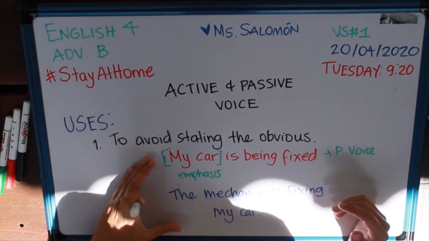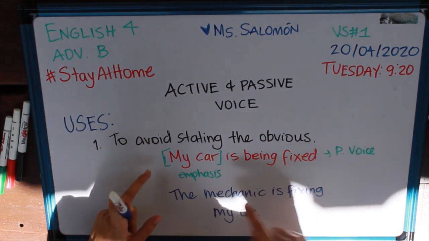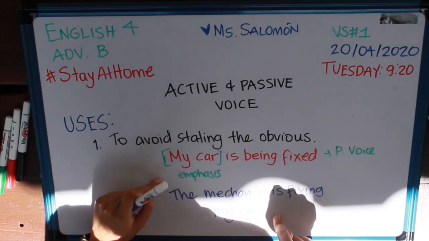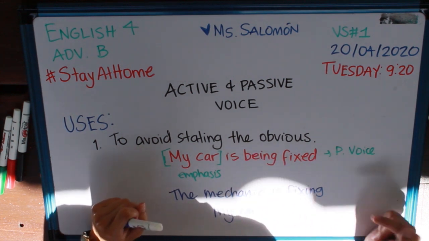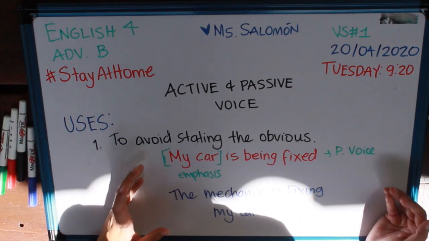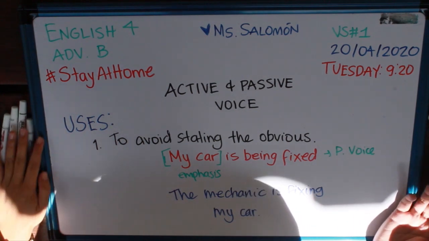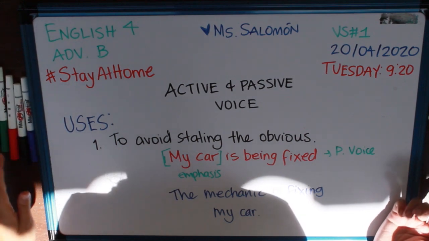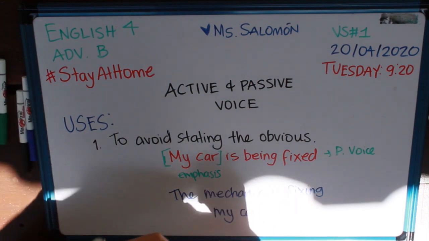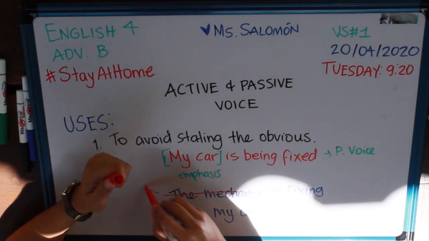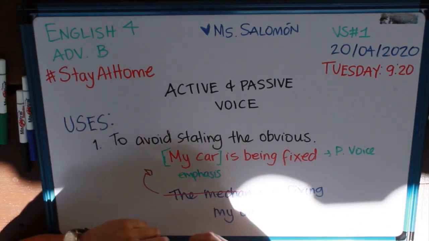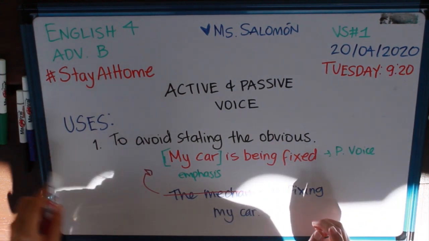Notice that I'm saying the same thing, but I'm emphasizing here that my car is the one that is being fixed, while here I'm emphasizing the fact that a mechanic is fixing my car. Now, this is obvious. It's obvious that a mechanic is fixing my car because I'm not a mechanic, right? So, to avoid stating the obvious, I would use the passive voice. I would say my car is being fixed. This is one use of the passive voice.